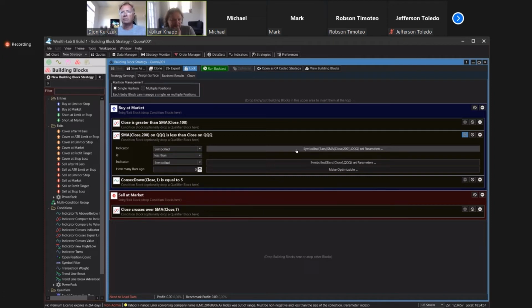So this one takes an indicator and uses a different symbol, other than the one your strategy is running on, as the source data. So here we're taking the SMA 200, the 200-day moving average, but not of whatever stock or ETF we're running, but of QQQ.